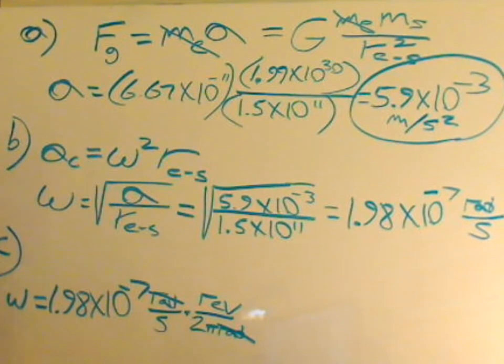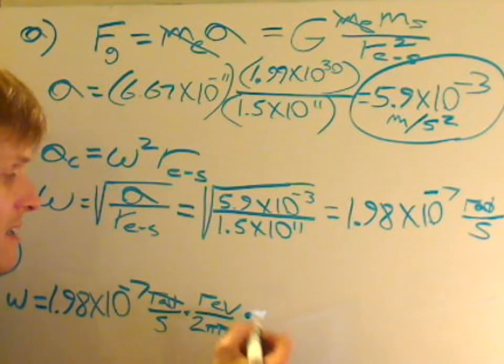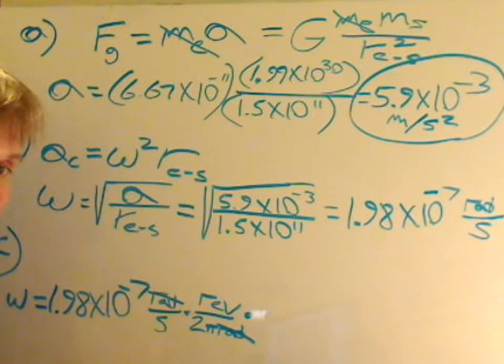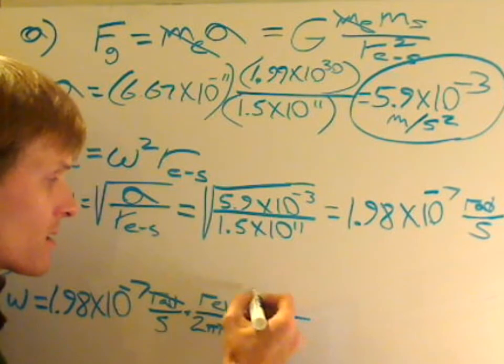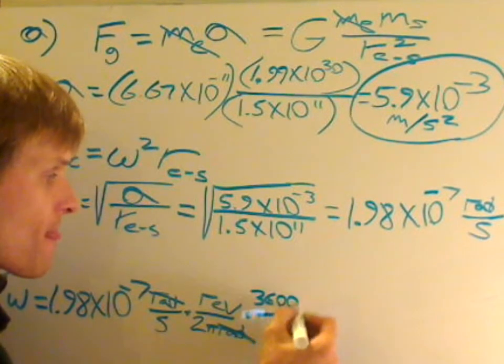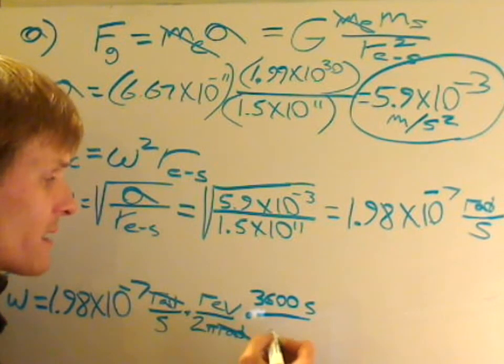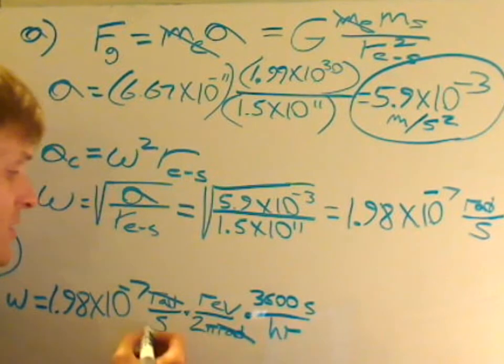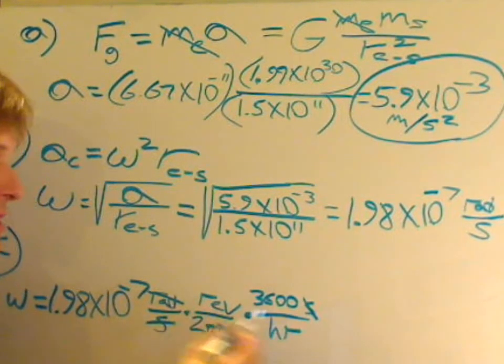Okay. Now we need to get this into revolutions per year. So we need to figure out exactly how many seconds there are in a year. To do that, we first are going to convert to hours. So there are 3,600 seconds in an hour. So the seconds cancel. We now have revolutions per hour.